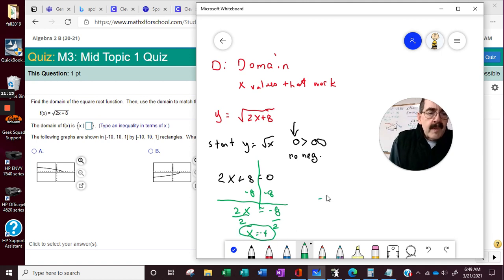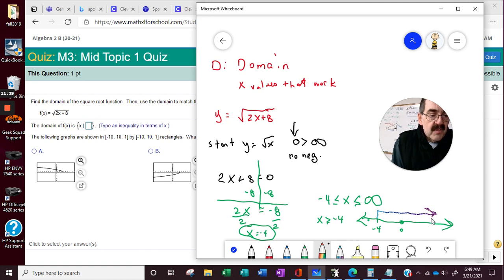So, from negative 4, less than or equal to x, less than or equal to infinity. In other words, all the x's greater than or equal to negative 4. So remember, you could draw a number line like this, and we have 0 here and negative 4 here, and we want all of that stuff.